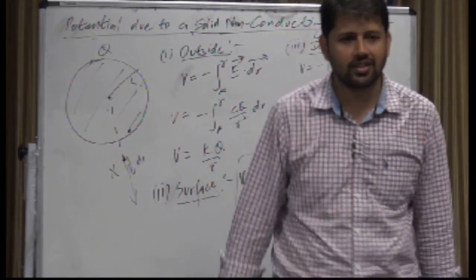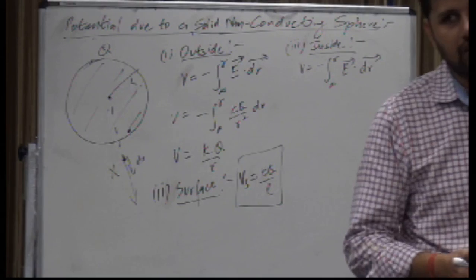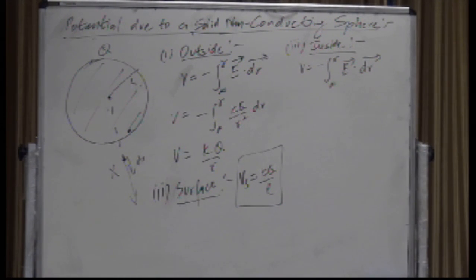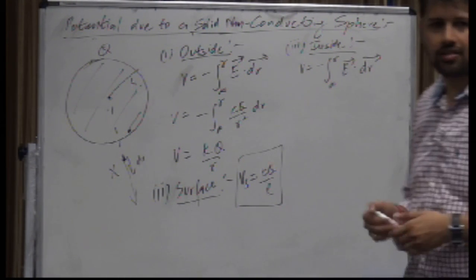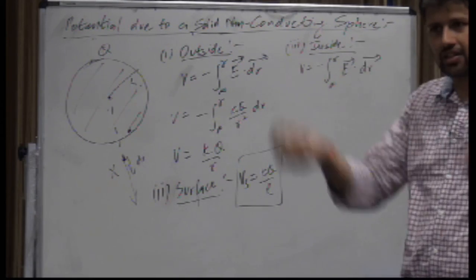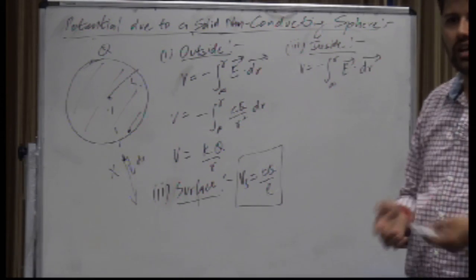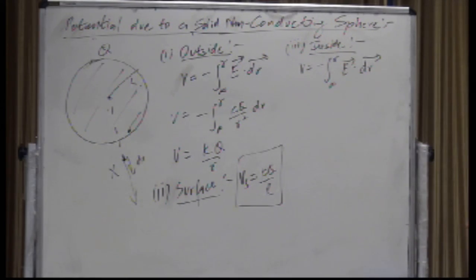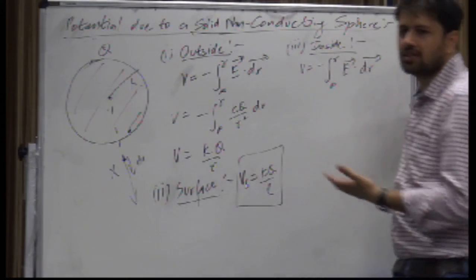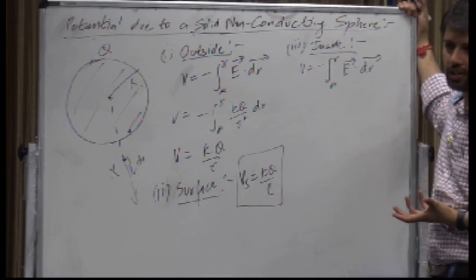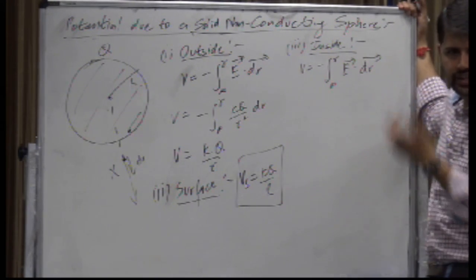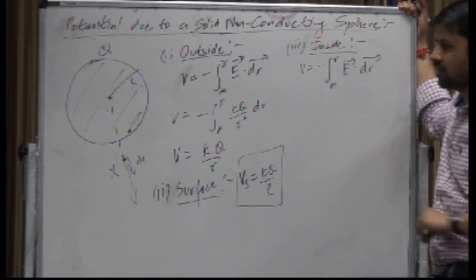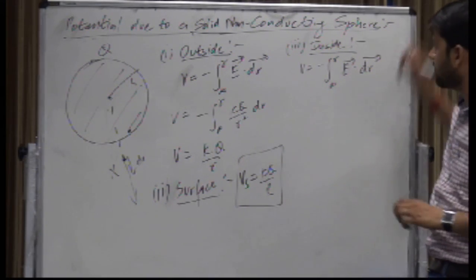How can you find dV in this situation? It is easy to find dV only when there is a line. For a line it was very easy, no? A ring is a line actually bent. For a line it is easy, few points. For surfaces as well as volume bodies, it's difficult to find dV. So that's why you go the E dot dr way. Is it okay?